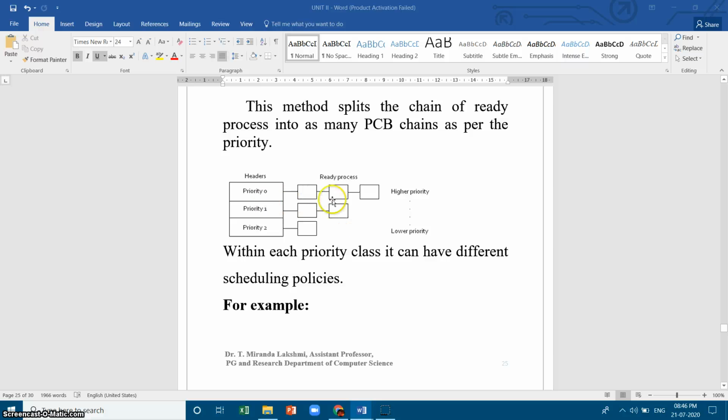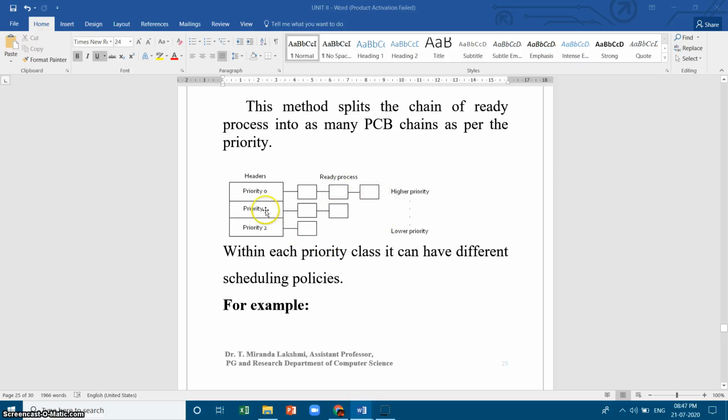According to that, they will join the ready queues. So first, all three processes will hold the higher priority. The next one will be priority 1, the next one priority 2. The topmost queue will be your higher priority and the last queue will be your lower priority. Whenever a process comes with higher priority, it joins the queue which has the higher priority. Similarly, a process which comes with lower priority will join here.